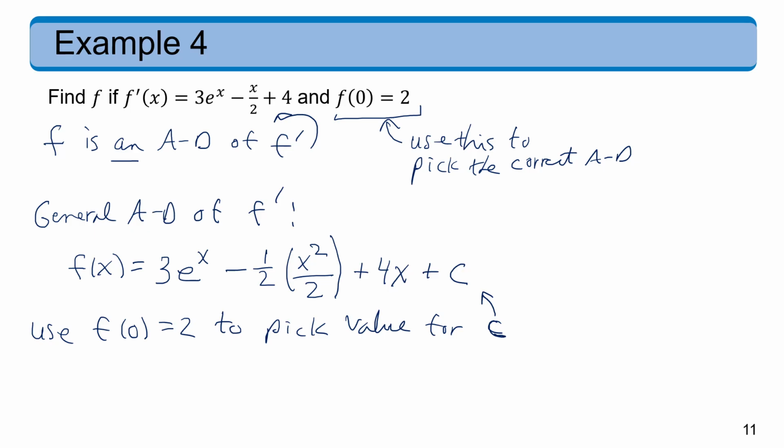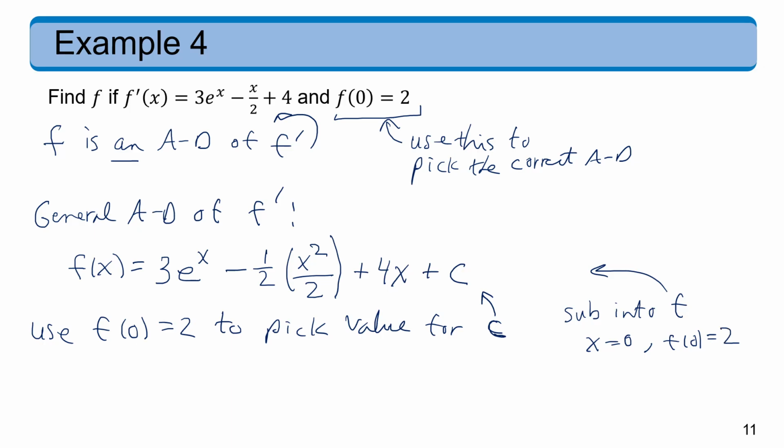So in order to use this, we're going to plug in the numbers. Notice here 0 is an x value, right, because it's f of x. So 0 goes in for x, and 2 goes in for the function value, which is like the y. So we're going to sub into our function for f, x equals 0, and then f of 0, which is y, equals 2.